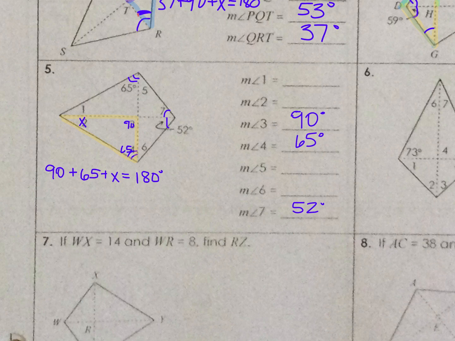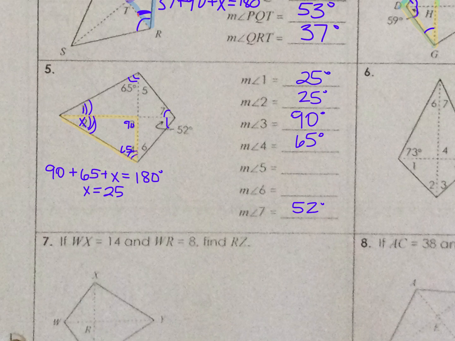Work that out. I get x equals 25. Okay. So I'm going to put a 25 in number 1. Oops, number 2. So this one is 25, but also that one right there, angle 1, is 25 because those are the same.